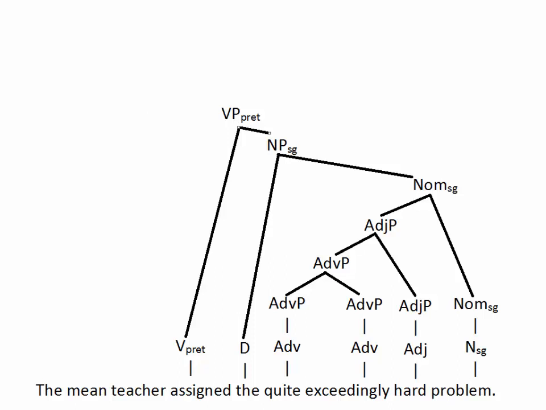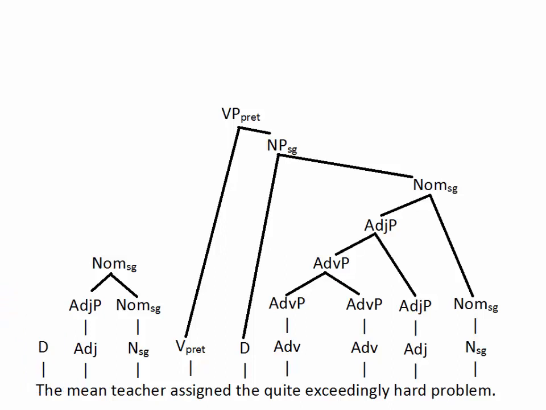Then we have the subject, the mean teacher. That consists of our nominal. Of course, we have an adjective with it. Mean, seems mean, how mean, meaner, meanest. The adjective plus the nominal combines to give us a bigger nominal, like this. Then, of course, we can put in our determiner.